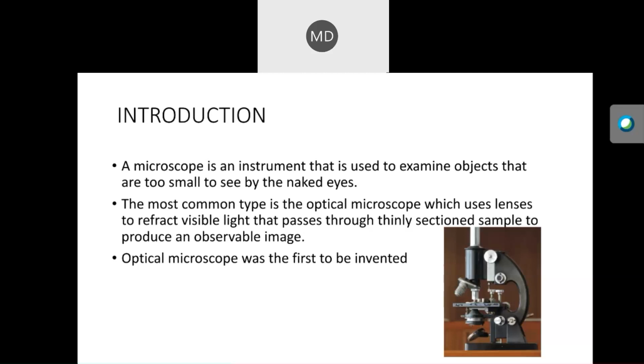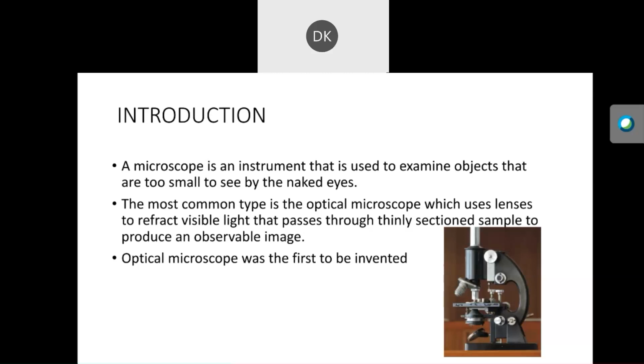A microscope is an instrument that is used to examine objects that are too small to see by naked eyes. The most common type is the optical microscope.